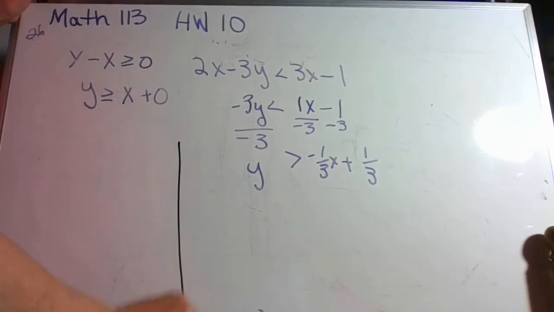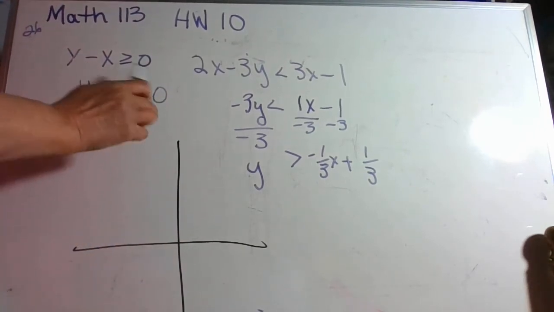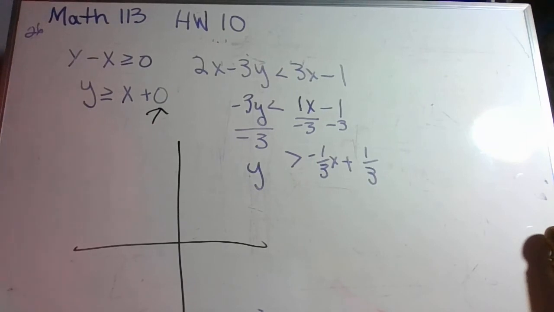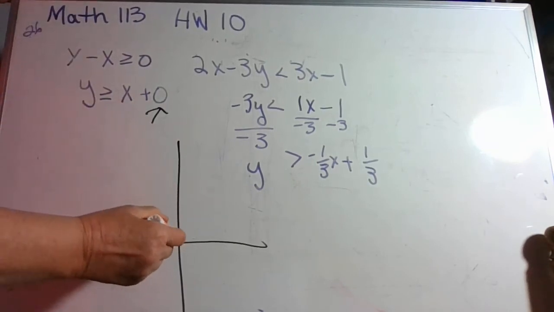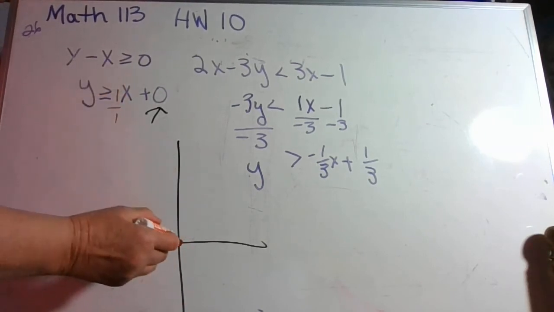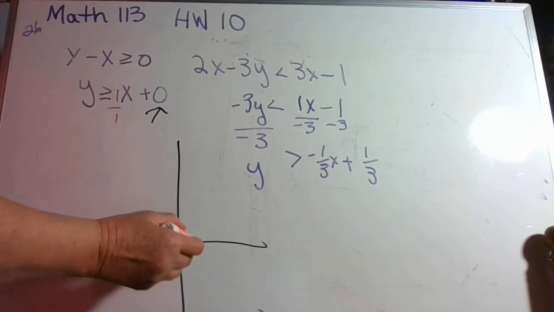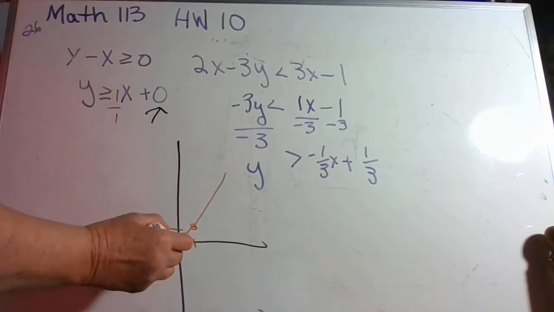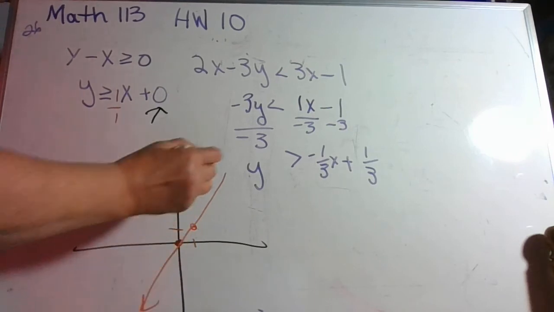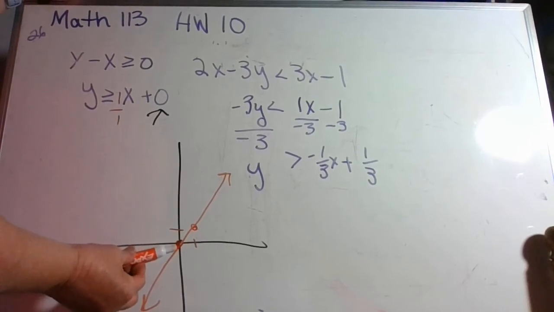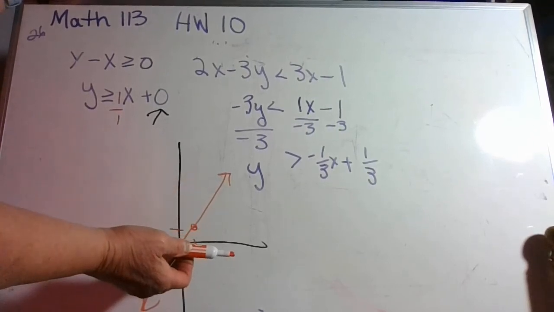So here's my graph paper. 0. There's my point right there. My slope is 1/1. So I go up 1, right 1. And there, hopefully that's solid. Yep, it's a solid line. Now notice here, it goes through 0, 0, so I can't use 0, 0.